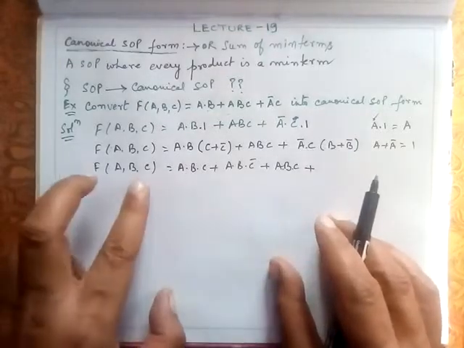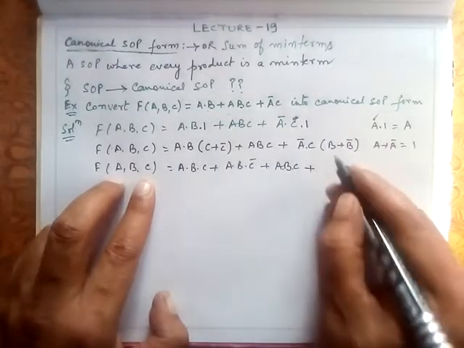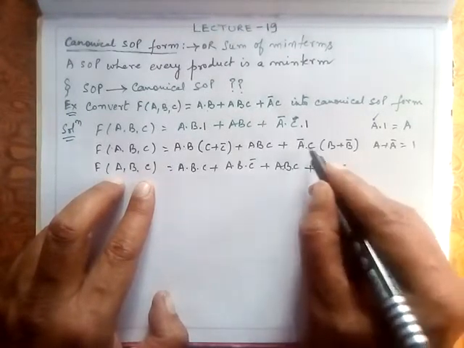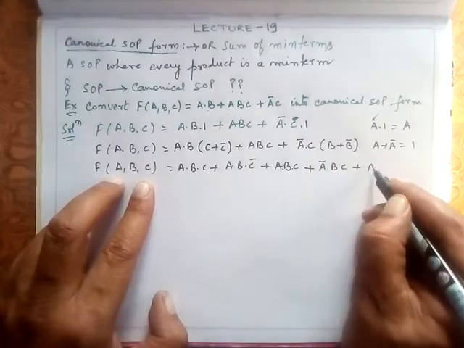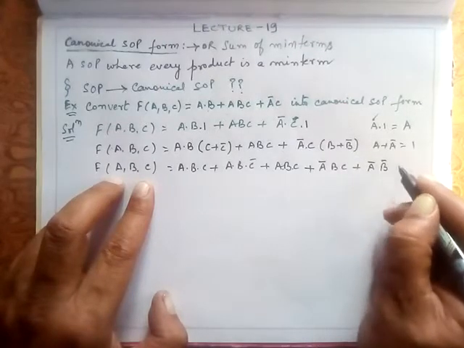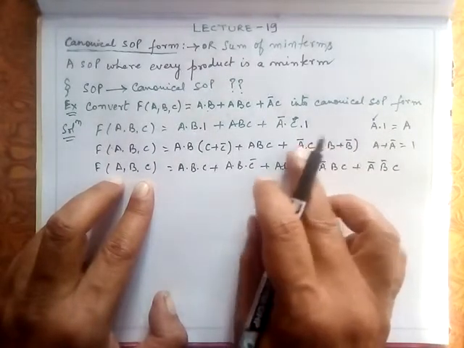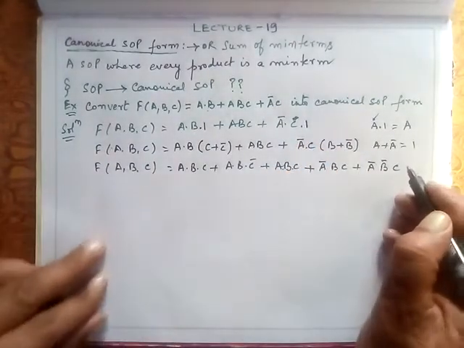Remember that it should be in the same order first of all. So it is A bar BC plus A bar B bar C. I have applied the commutative law here: A into B is equal to B into A. I hope this is clear to you.